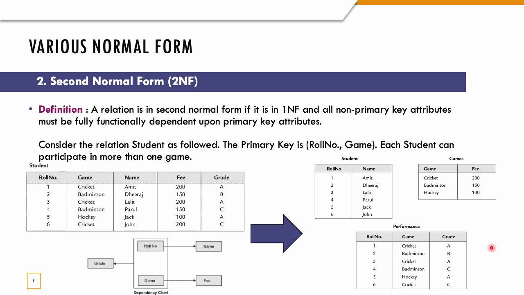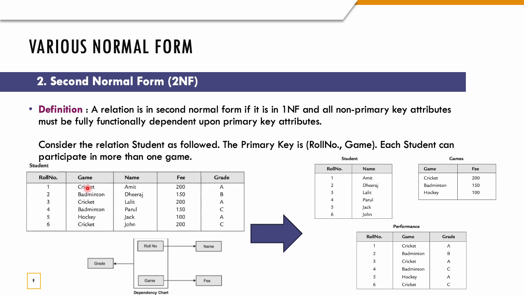Consider a student relation with attributes like roll number, game, name, fee, and grade. The primary key is a composite key, meaning the roll number and game in this case.